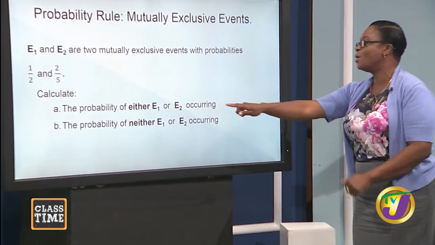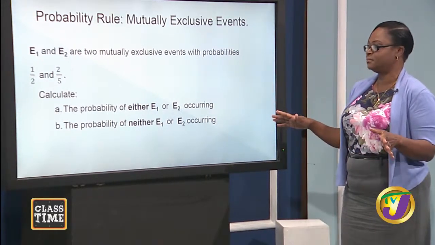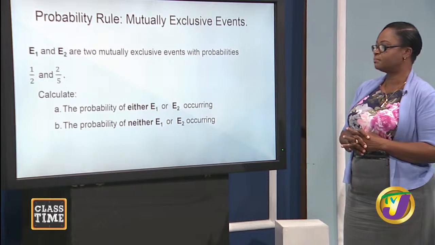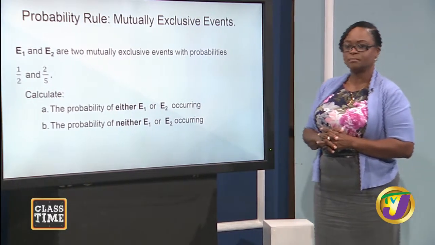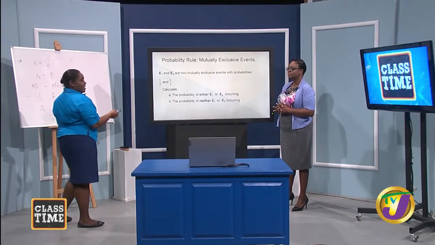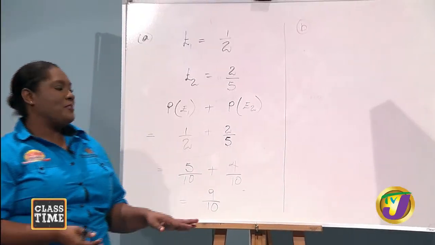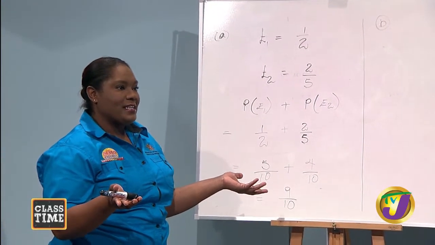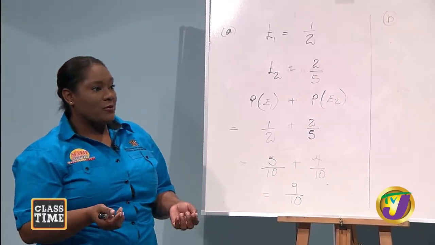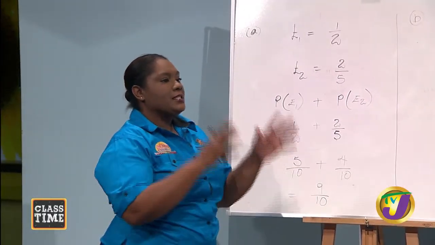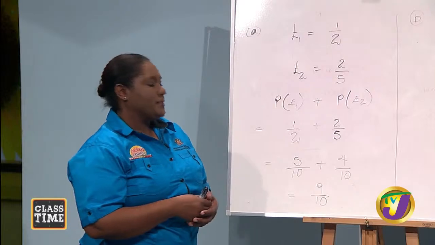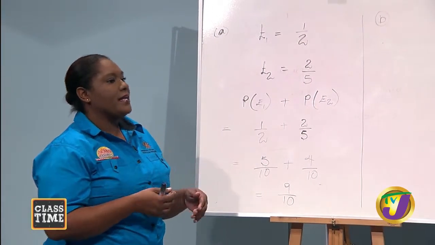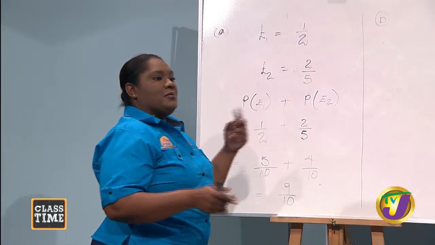Okay, so what about the probability of neither? Since we know that the probability of either event 1 or event 2 occurring is 9/10, then neither is a given, right? We would have completed most of the work already. So it would be the total probability, which would be 10 out of 10, a whole. And then we are going to be doing the flip side.